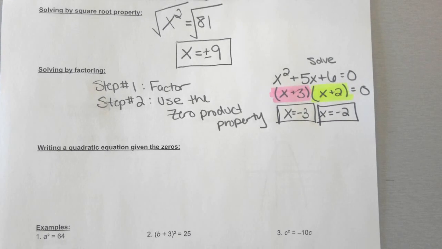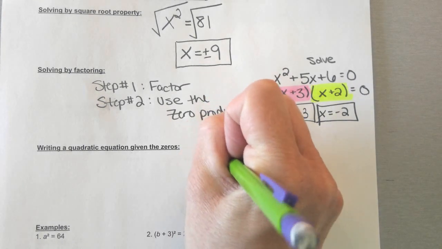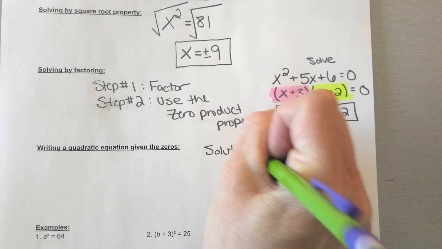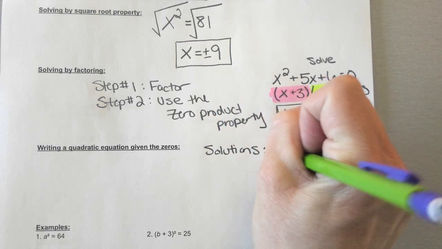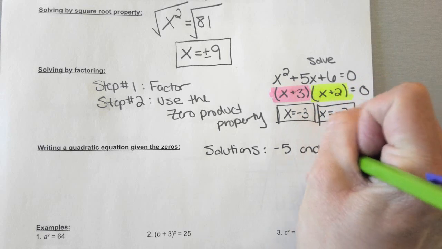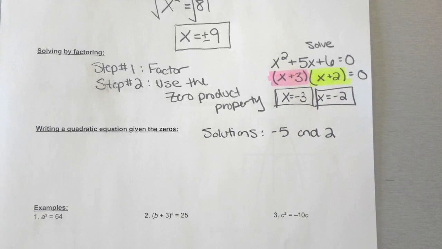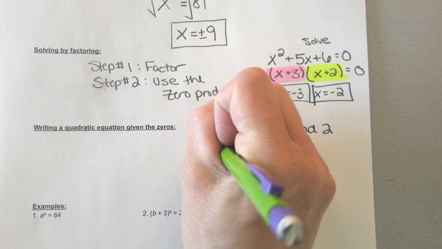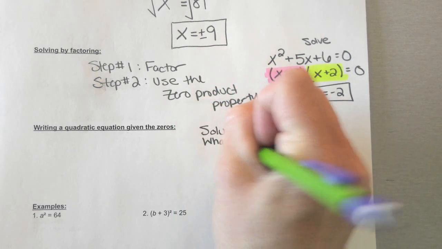So, let's say I told you that there's a quadratic equation with solutions -5 and 2. Okay, so there's a quadratic equation out there walking around in the world, and it has solutions -5 and 2. And my question to you is, what is the quadratic equation?